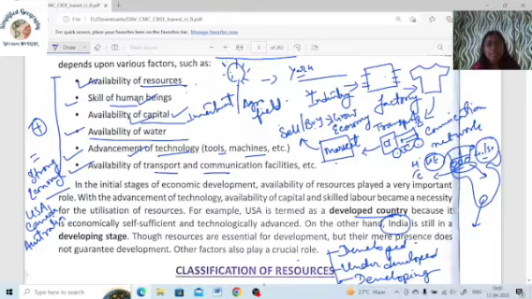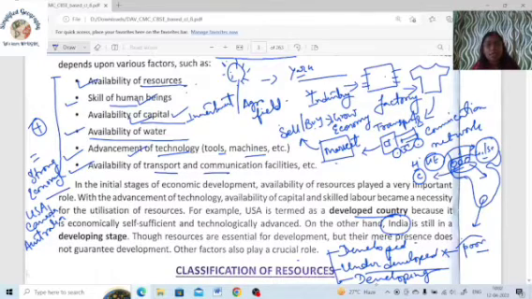And the next is capital is not there. That's why these countries are still lagging and their economy is very poor. Thus they are known as underdeveloped countries. Their population is high, they are unable to fulfill their people's needs as well. So all of these reasons are making them underdeveloped.